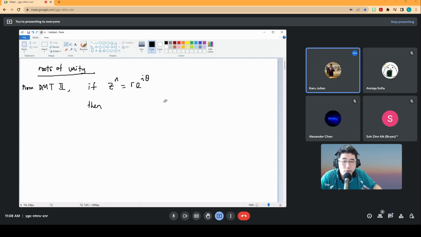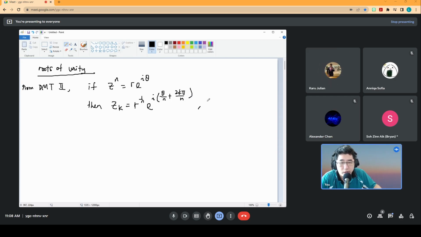Yes. You need to give me the result. If this, then what? Zk equals r to the power 1 over n times e to the power i, in brackets, theta over n plus 2kπ over n.